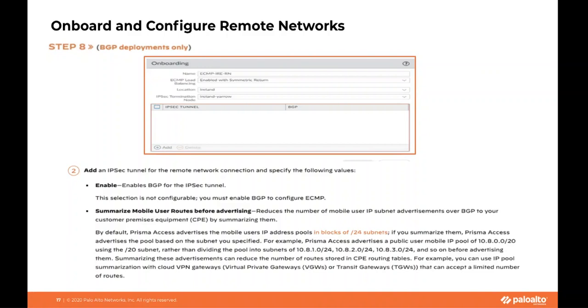Summarize mobile user routes will reduce the number of mobile user IP subnet advertisements over BGP to your customer premises equipment, or CPE. By default, Prisma Access advertises the mobile users' IP addresses in blocks of /24. So if you're summarizing them, Prisma Access advertises the pool based on the subnet you specified.